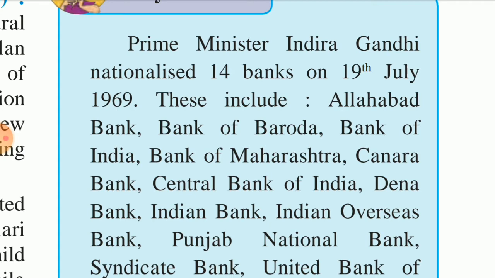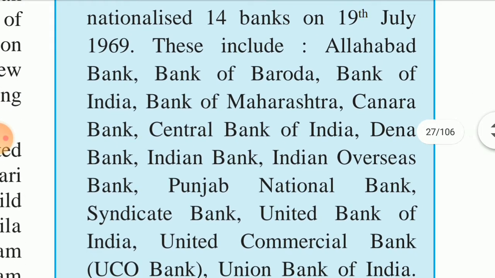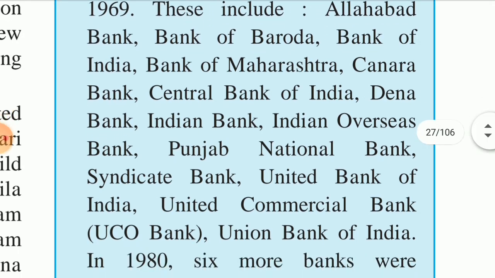These banks included Allahabad Bank, number 1; Bank of Baroda, 2; Bank of India, 3; Bank of Maharashtra, 4; Canara Bank, 5; Central Bank of India, 6; Dena Bank, 7; Indian Bank, 8; Indian Overseas Bank, 9; Punjab National Bank, 10; Syndicate Bank, 11; United Commercial Bank UCO Bank, 12; United Bank of India, 13; and so on up to 14.